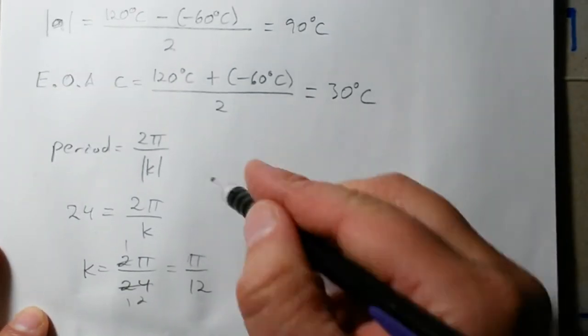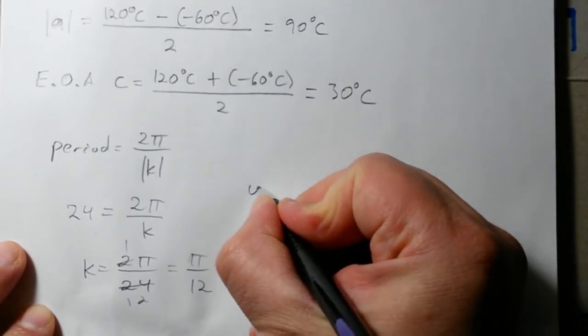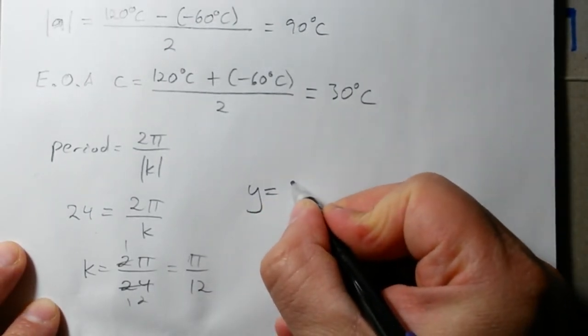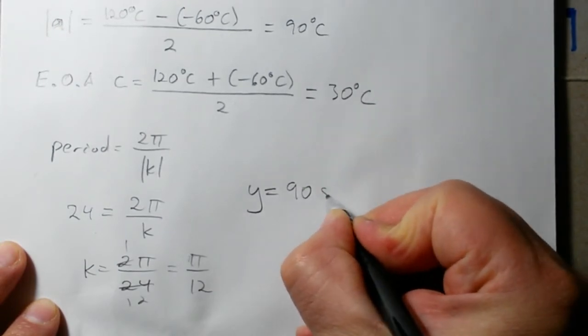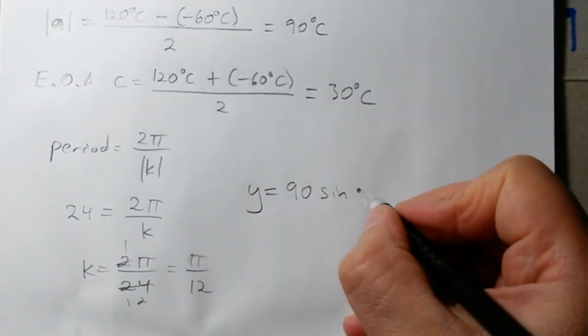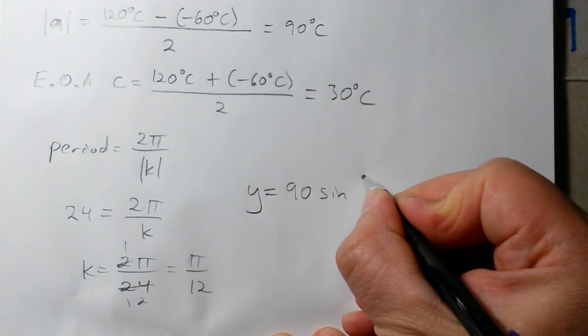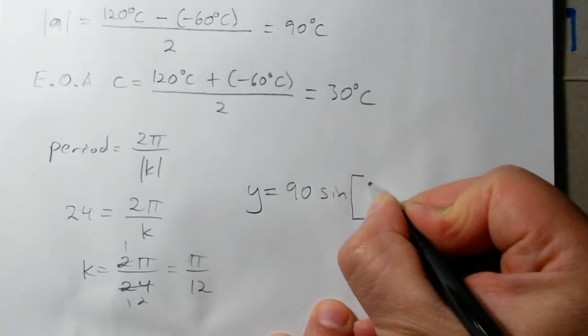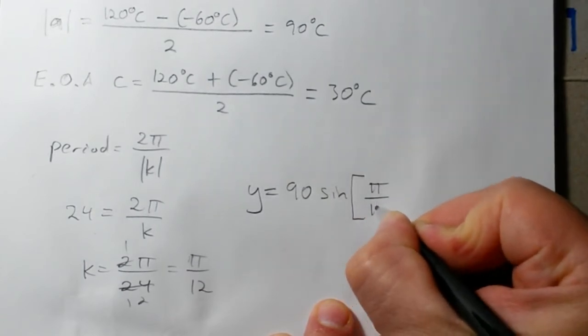So now with the equation, we can do this. y equals, what's the value of A? It's 90 sine, open the square bracket, the value of K is pi over 12.